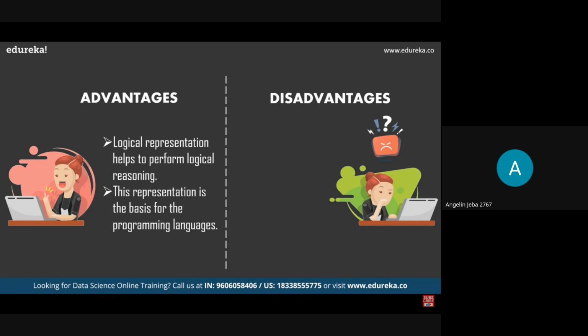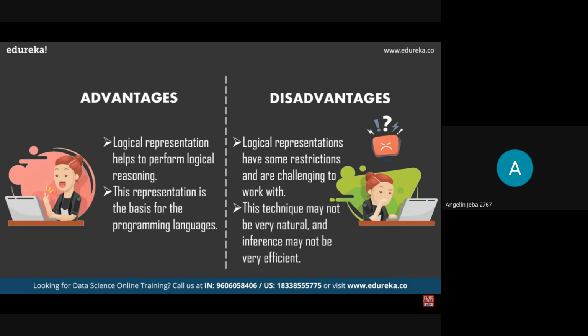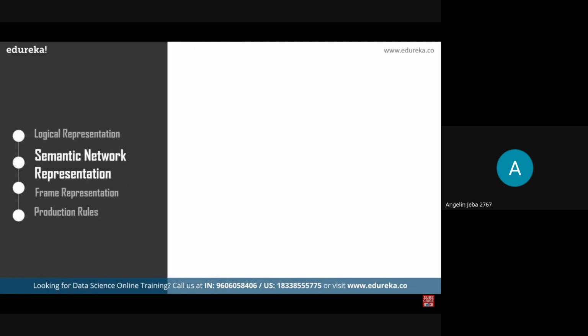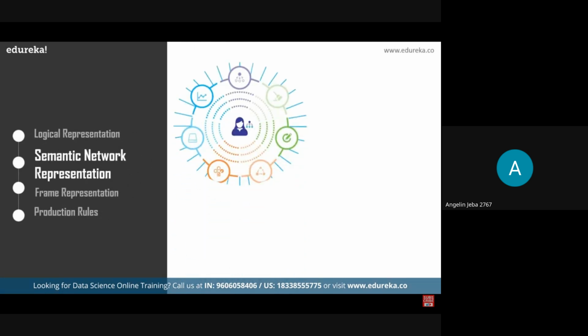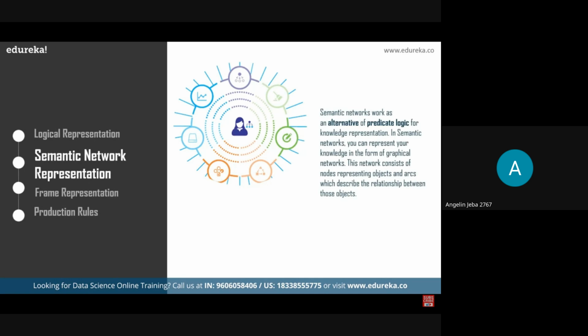Talking about the disadvantages, logical representations have some restrictions and are challenging to work with. Now, this technique may not be very natural and inference may not be very efficient. Now, talking about the next technique, we have the semantic network representation. Semantic networks work as an alternative to predicate logic for knowledge representation.